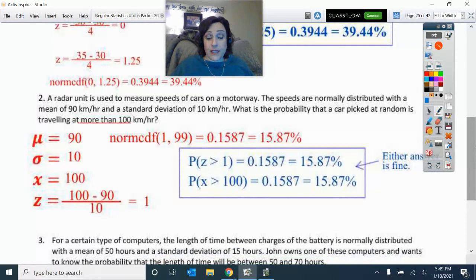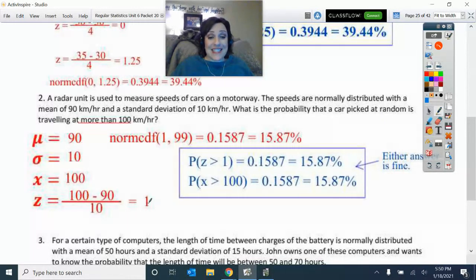All right, then we get into all word problems. So let's see what's happening here. This is about the speeds of the vehicles, of the cars. They have an average of 90 kilometers per hour with a standard deviation of 10. So we were talking about traveling more than 100 kilometers per hour.